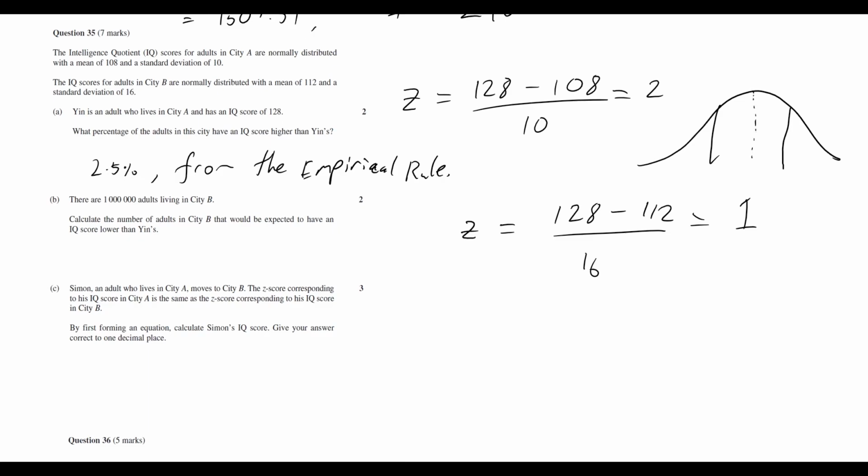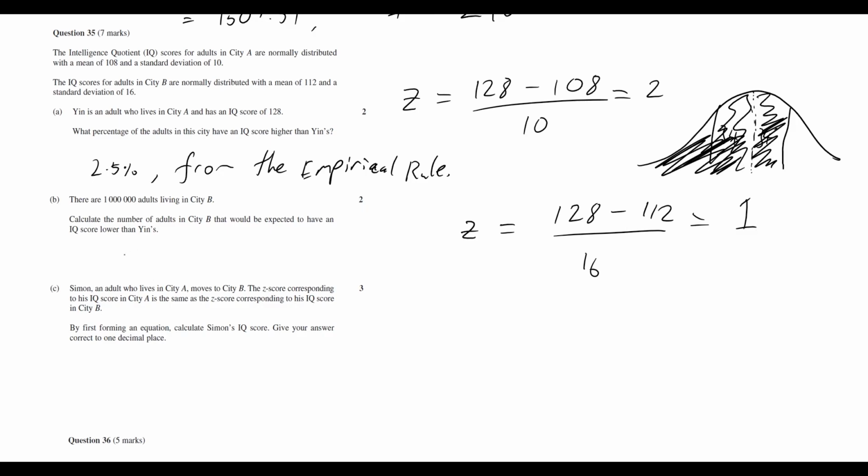So that means that on either side of the mean, right in the middle, we have 34% here and 34% here. Okay, so what that means for us now is that we'll have 50%, i.e. the entire left-hand side, plus 34%. And that's all going to be lower than Yin's IQ score of 128.